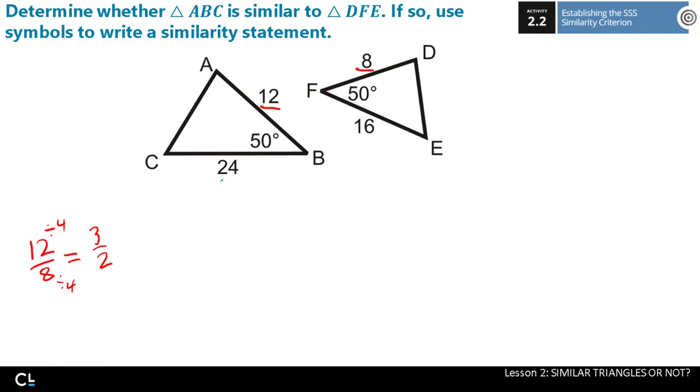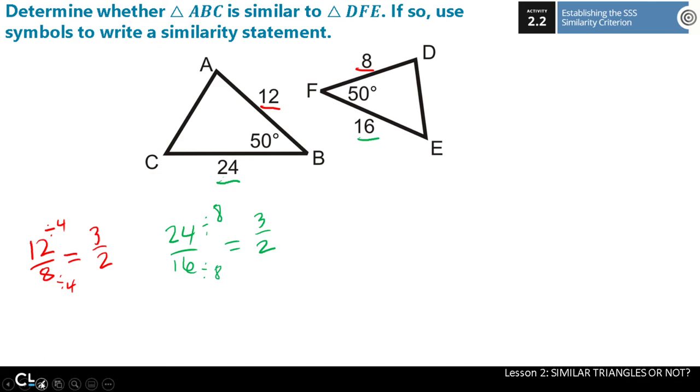Our next side, 24, 16. 24 and 16, both of these could be divided by 8. Right? And once again, it gives me 3 over 2. So we know that those sides are proportional.